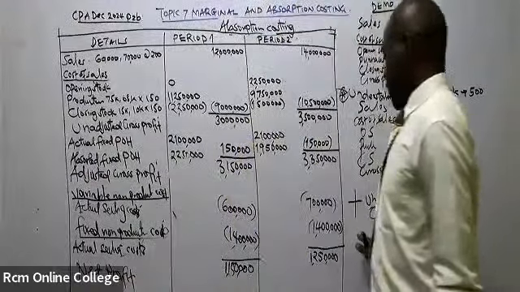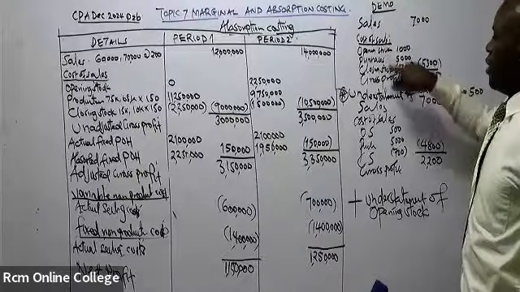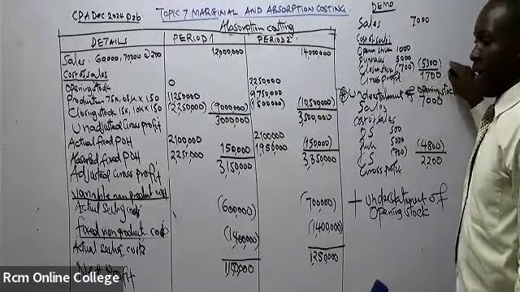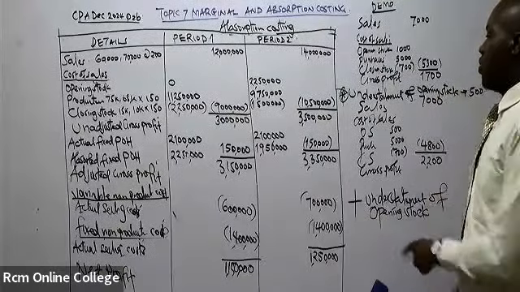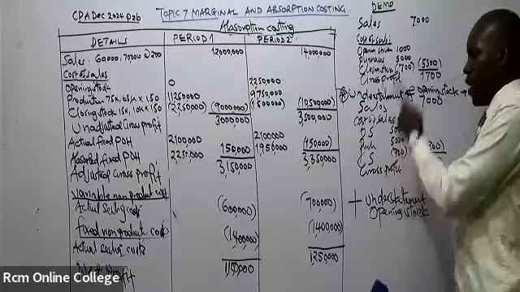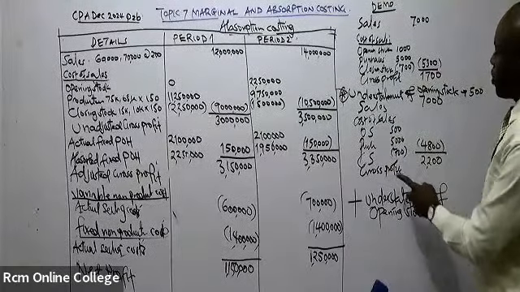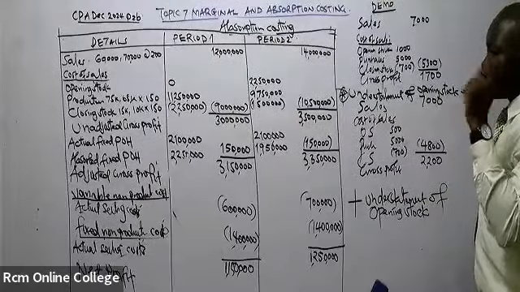Good, so I want you to put this down. We said our real profit was 1,700. When you understate your opening stock, then the gross profit will be exaggerated by the understatement.